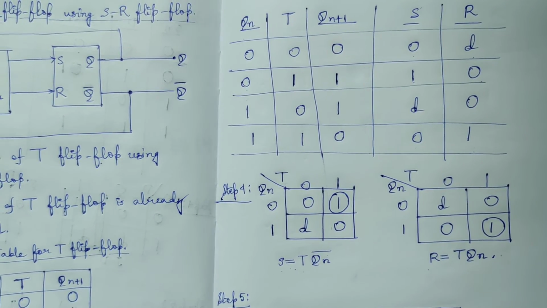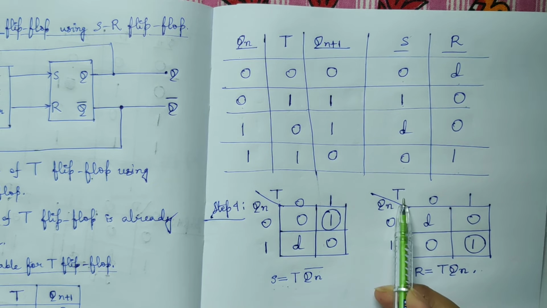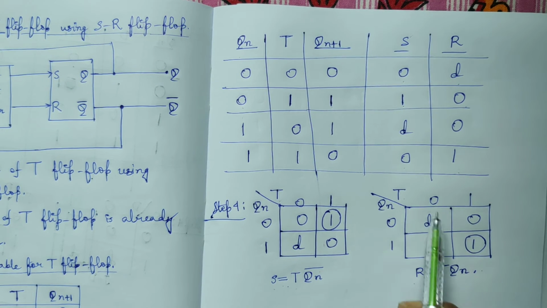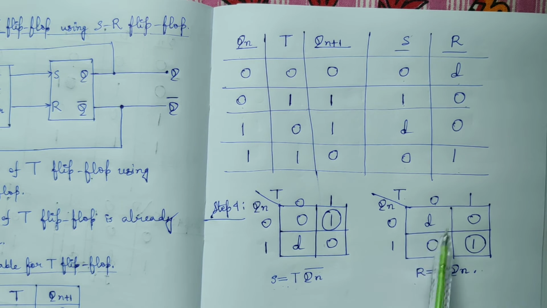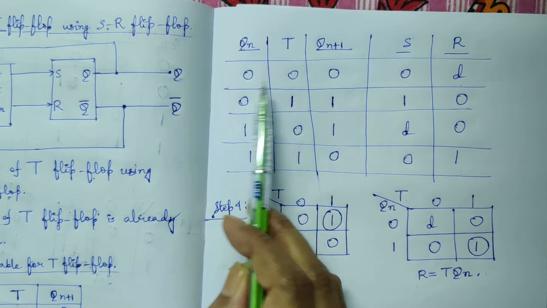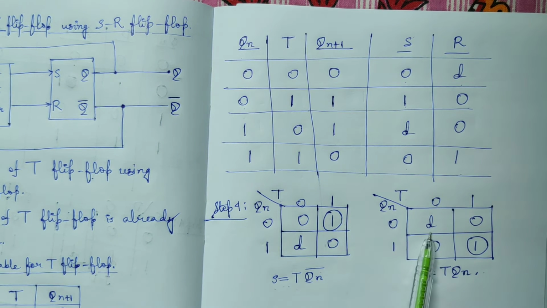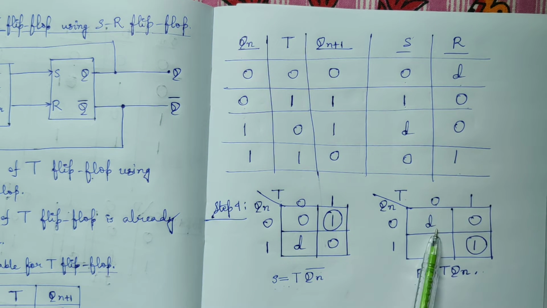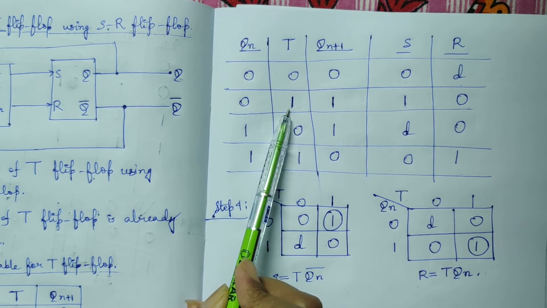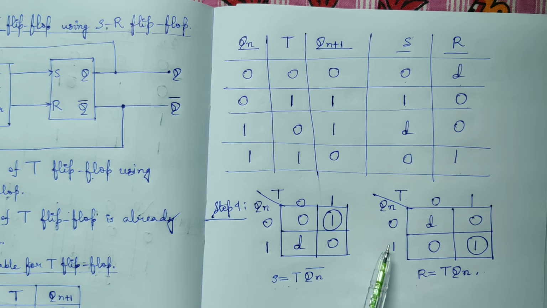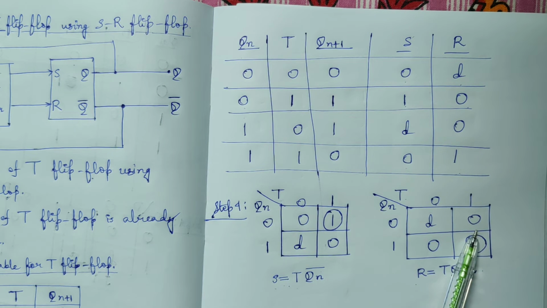Now coming to the excitation map for R. So this is Qn, this is T. When Qn is 0, T is 0, then what is the value of R? Qn 0, T 0, the value of R is D. So here we are writing D. Next, Qn is 0, T is 1, the value of R is 0.